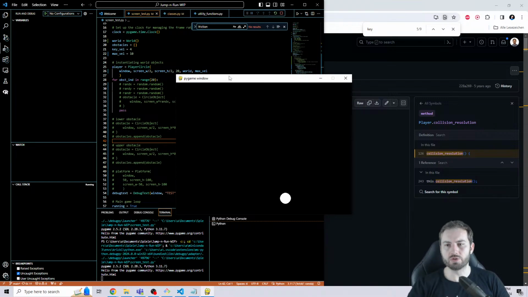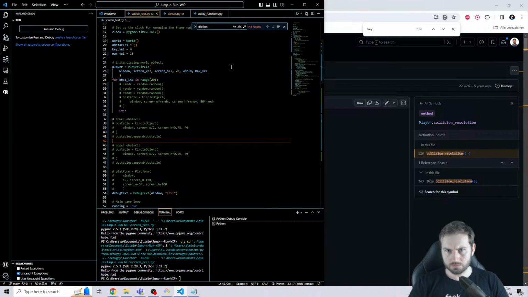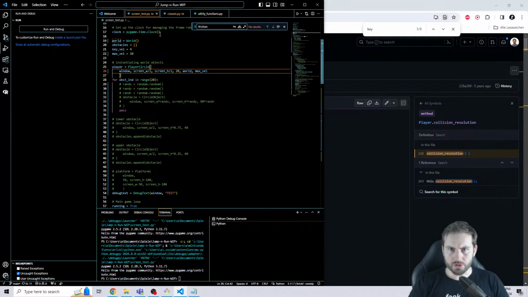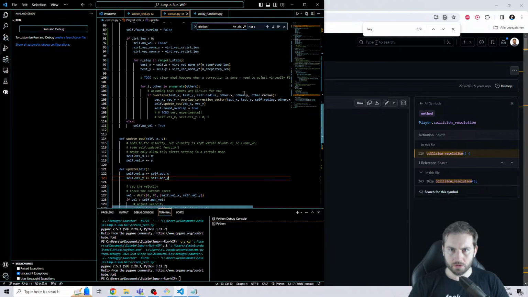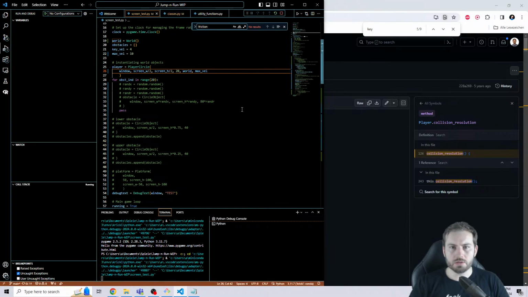Why is the gravity so slow? I thought it should accelerate like crazy, at least as fast as when I move it with my fingers, with my keys.